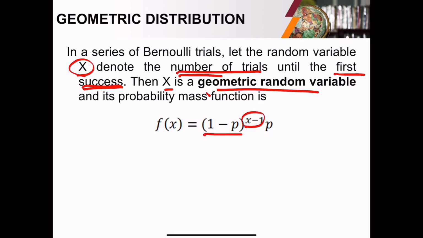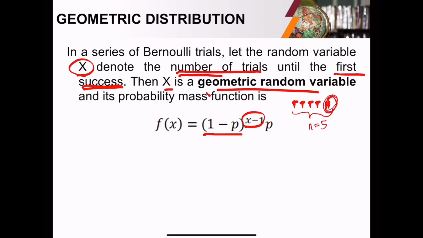Kasi halimbawa nga yung example natin kanina ng tossing a coin, di ba yun ay tail, tail, head. Okay, so, if we're looking for the probability that your success will happen after 5 trials, dito pa lang sa ika-5 trial mangyayari yung success natin.